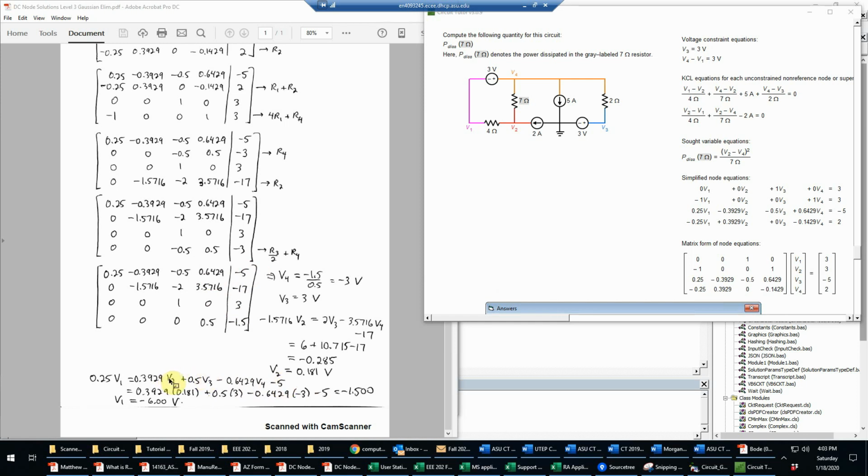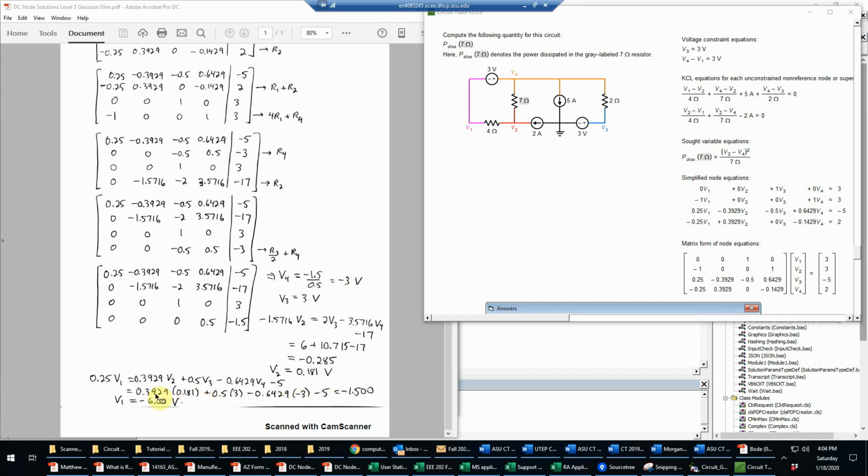And then we just substitute in the known values now of V2, V3, and V4. So putting in the V2 that we just calculated as 0.181, putting in V3 that we calculated as being 3, and put in the V4 that we calculated as negative 3 up here.